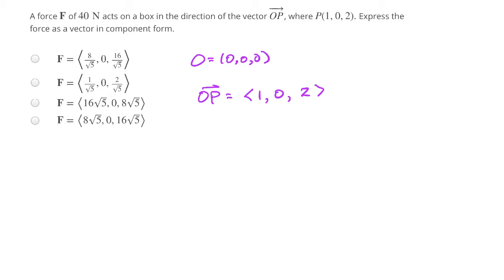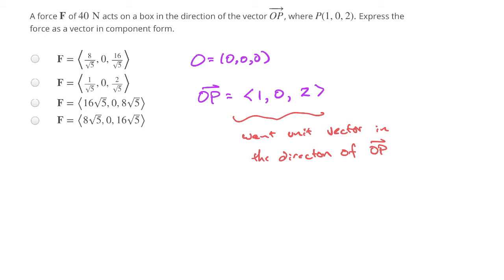Okay. Well, now what we want is a unit vector in the same direction as our vector OP, so that we can then take that unit vector and scale it by any magnitude that we really want to give us the resulting vector that we're really looking for.